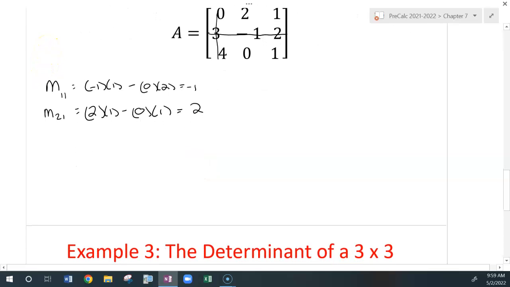Now let's do the next one. Let's do M31. So block out first column, third row. 2 times 2 minus a -1 times 1. So 2 times 2 is 4, minus a -1 is 5.